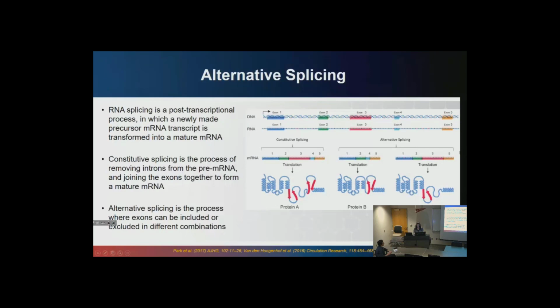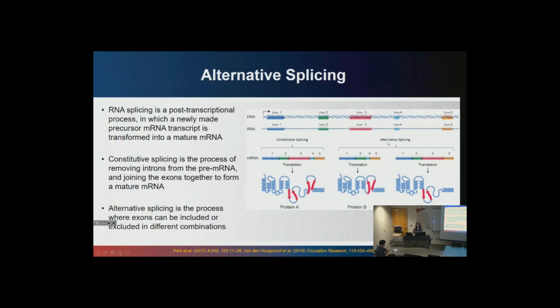The graph here illustrates a newly transcribed precursor RNA, including 5 exons shown in color boxes and introns as lines. During constitutive splicing, all introns are removed and exons are merged to form the messenger RNA.